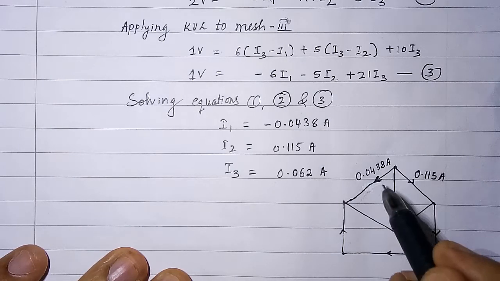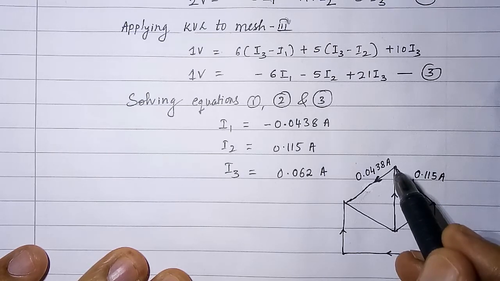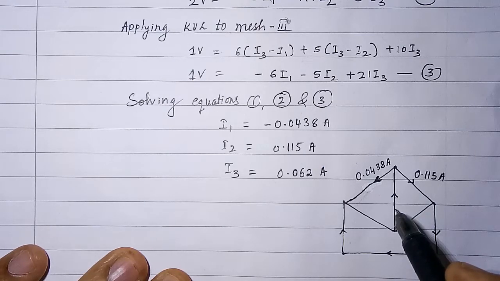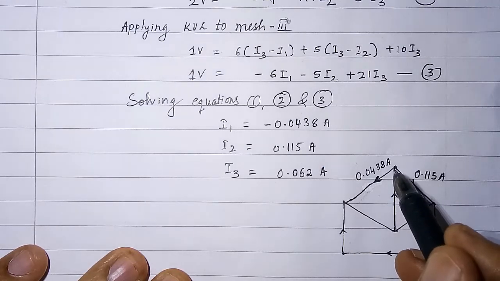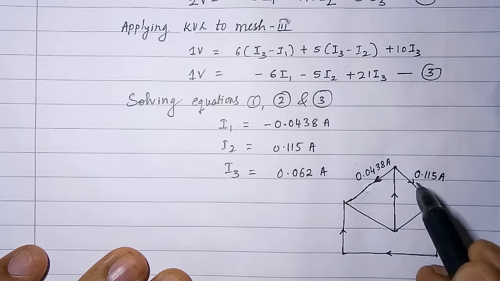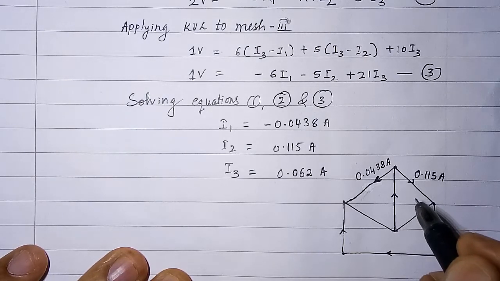will be now I1 plus I2, because if you apply KCL at this junction, you will understand current flowing through 8 ohm is incoming current for this junction, and current through 2 ohm and 4 ohm are outgoing currents.